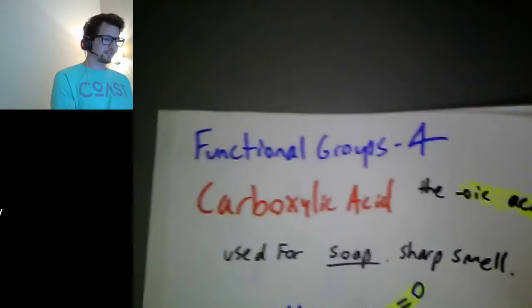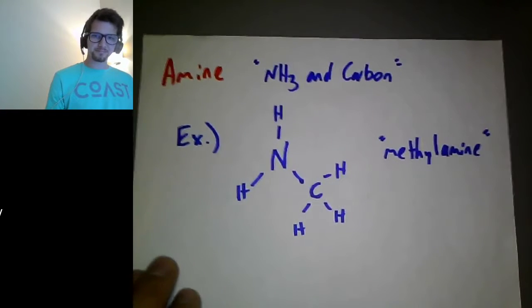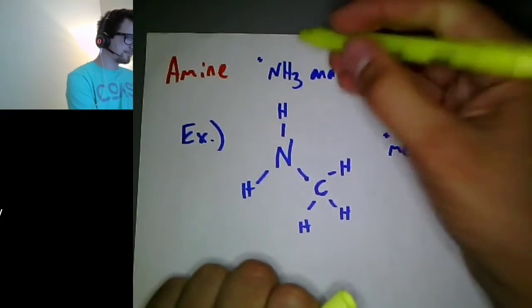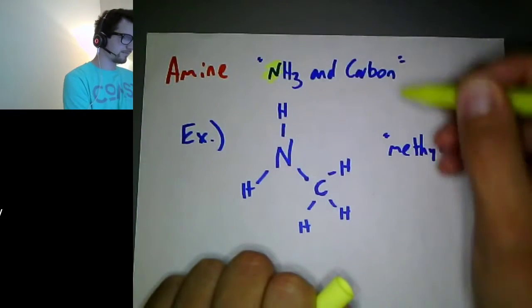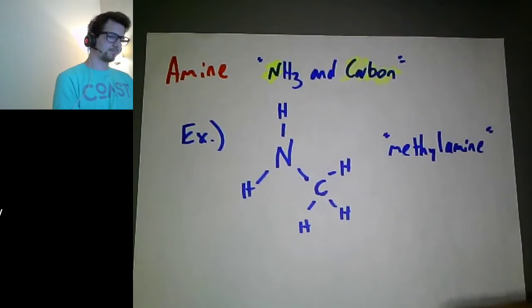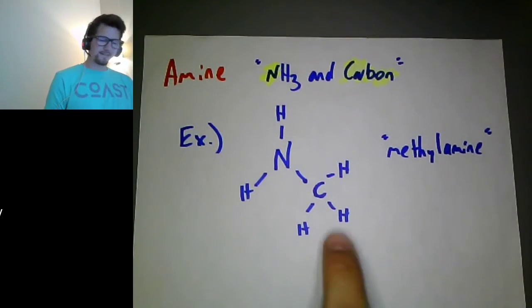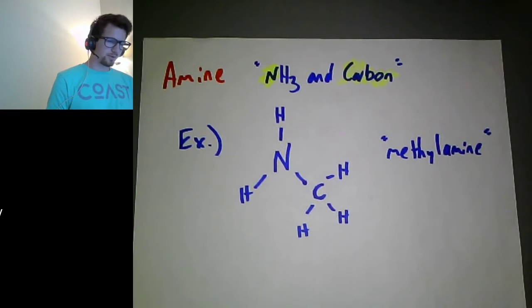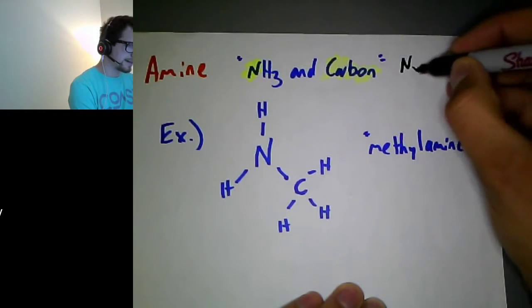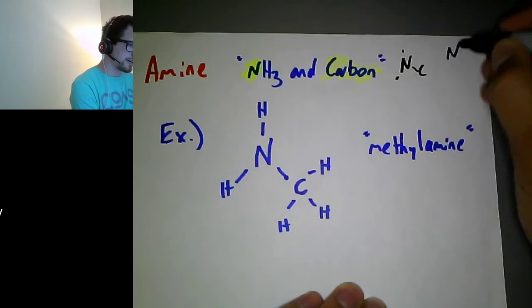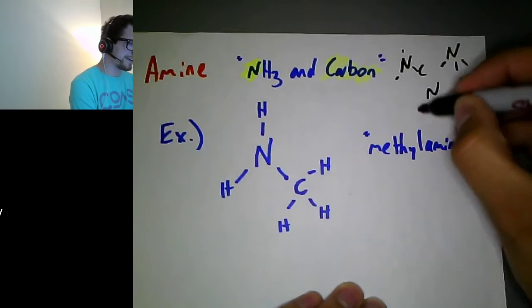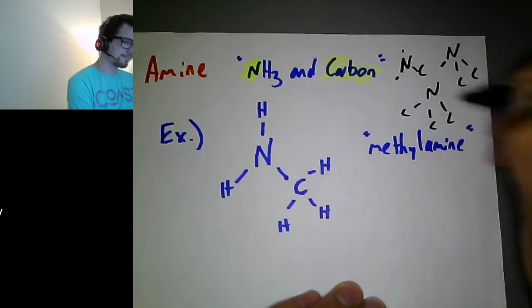And the last one we're looking at today is an amine. An amine is literally just any nitrogen with a carbon. What this could look like is NC, you could have NCC, or you could even have NCCC.